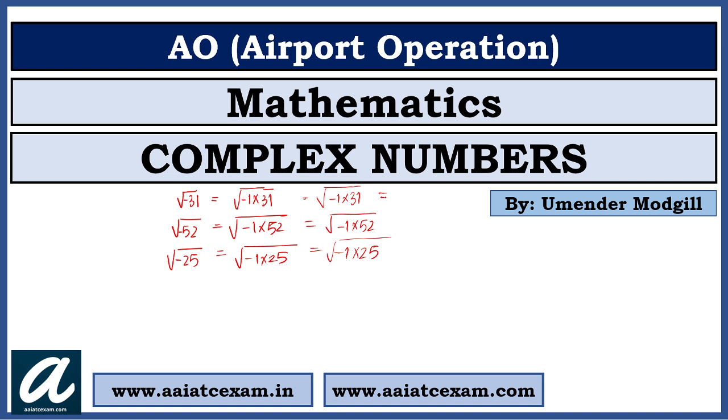So if I write under root a into under root b as under root ab, this will be written as under root minus 1 into under root 31, this will be written as under root minus 1 into under root 52, and this will be written as under root minus 1 into under root 25.